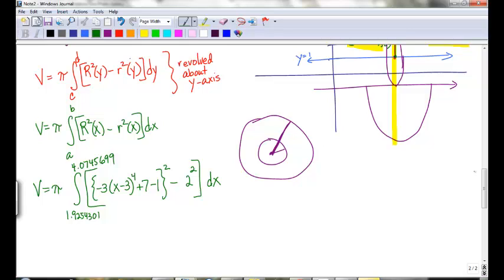Minus 1 quantity squared, and then minus 4, right? Or minus 2 squared. You agree with that? Okay. Do zoom 0. And you don't really have to graph this next part. You just need it for your calculation. Okay. Do second function calculate.